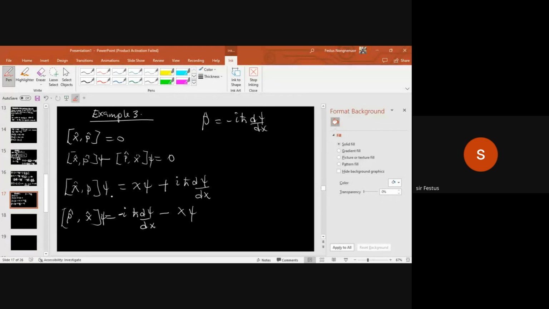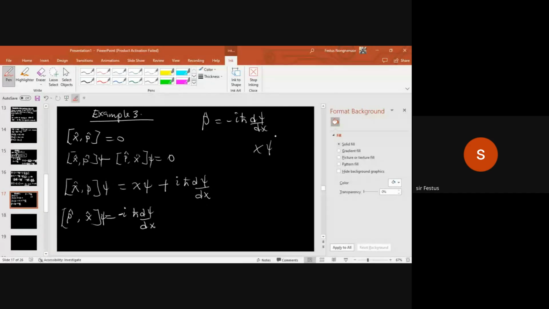Here we are operating the operator on this, and then the function is the stuff. Okay, so this is how it is. We'll have X psi.